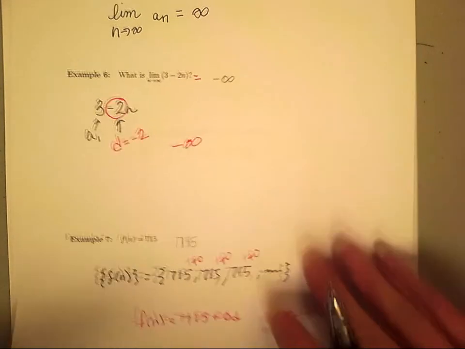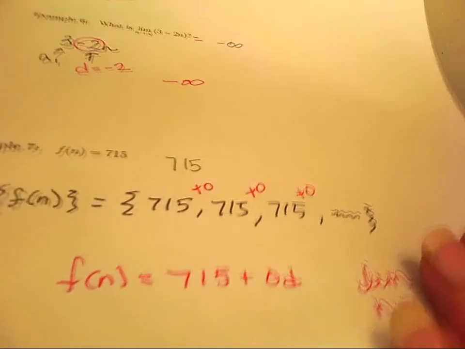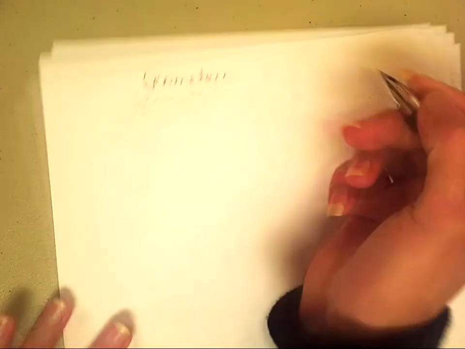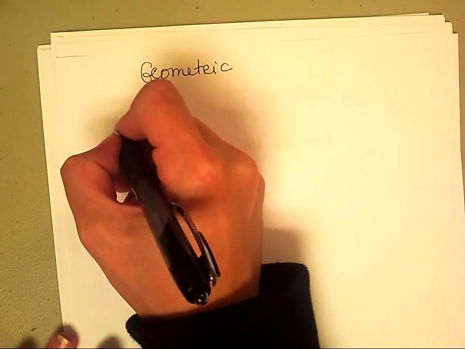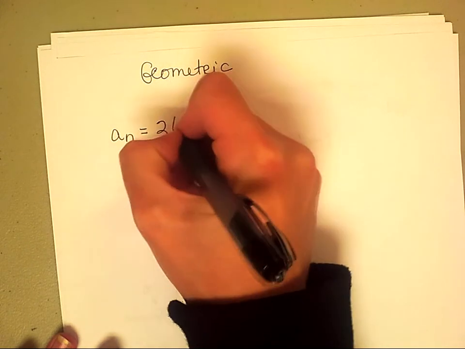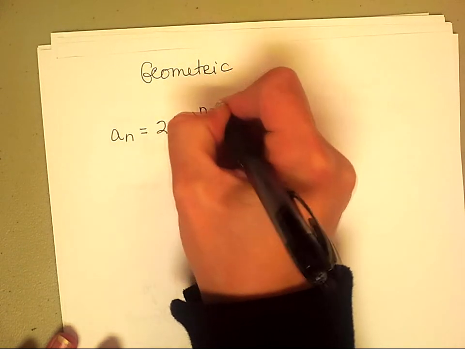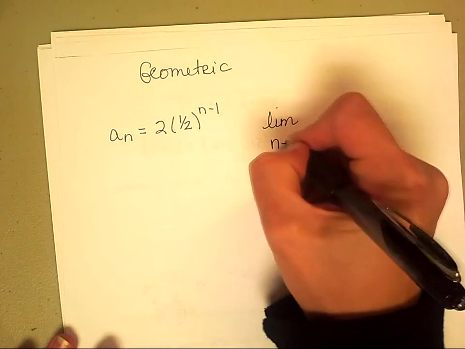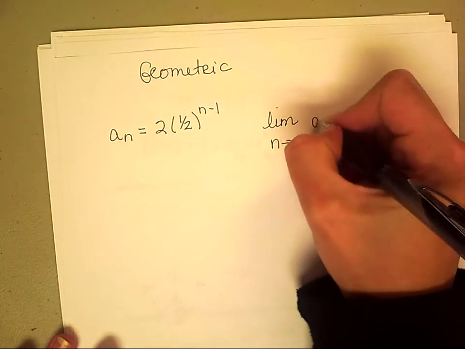Now let's examine the geometric sequences. Let's say we have a sequence a sub n that's equal to 2 times 1/2 to the n minus 1. This is geometric. And now we're wondering, what is the limit as n goes to infinity of a sub n?